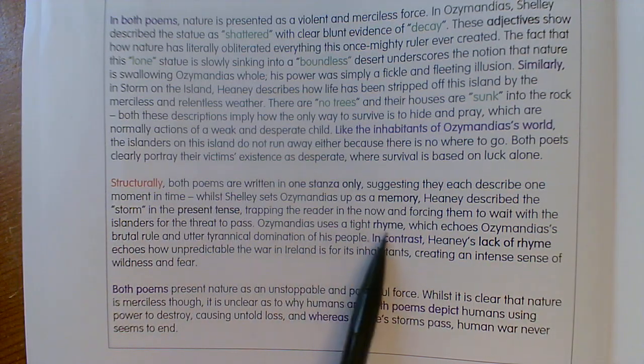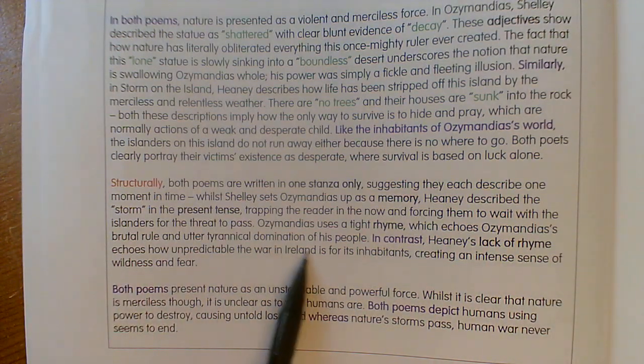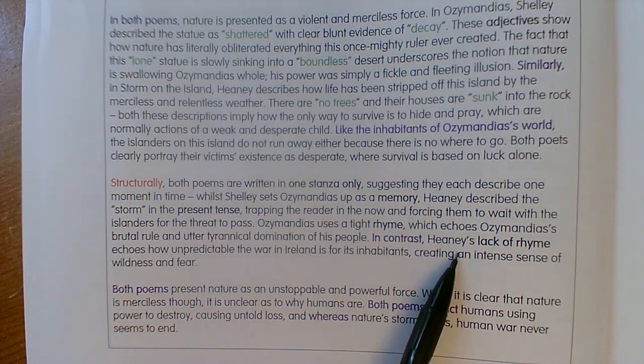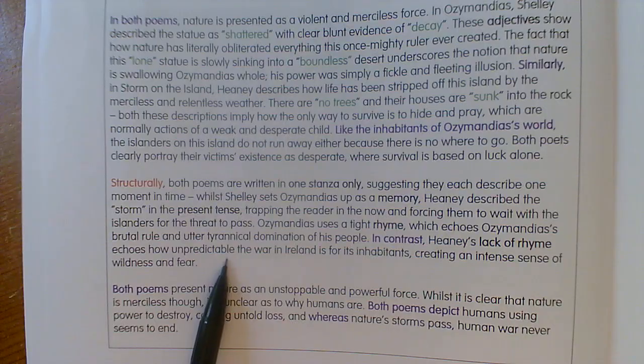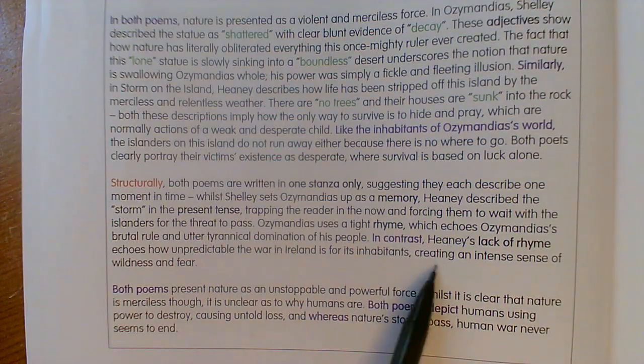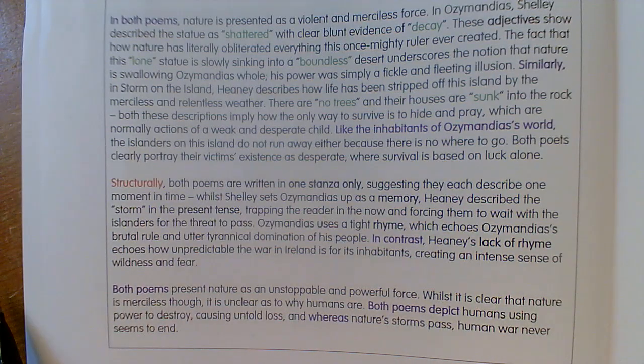Ozymandias uses a tight rhyme, which echoes Ozymandias' brutal rule and utter tyrannical domination of his people. In contrast, Heaney's lack of rhyme echoes how unpredictable the war in Ireland is for its inhabitants, creating an intense sense of wildness and fear. Now you notice here, I haven't explained the context. I've inferred the context. That's as much as I need.